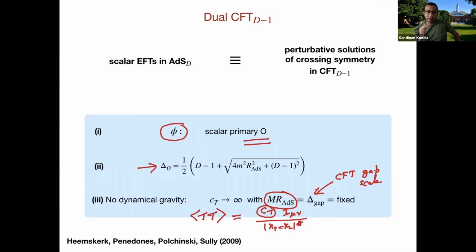I think this is just a technical simplification, because for me it's easier to include gravity than to not include dynamical gravity. So the way to study effective field theory in AdS in this kind of language is that you have to have those kinds of hierarchies. You're able to tune M-Planck to be infinitely large first, then you do everything else.